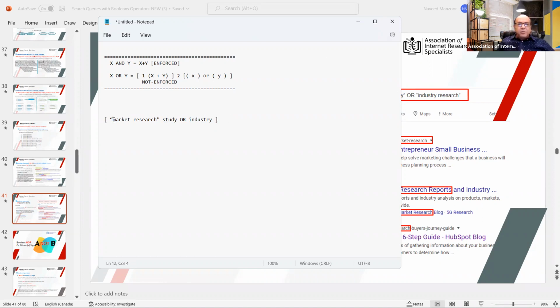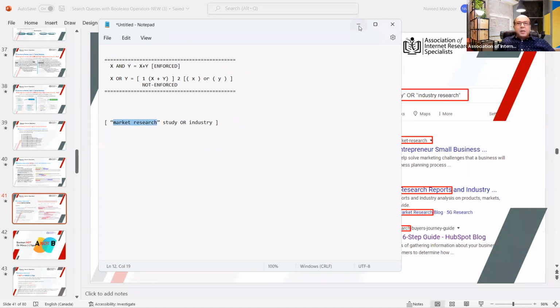So you just have to run OR as I showed you, and then find what is more prevalent in order to force that term to work alongside the others, which could be a choice. Let's suppose that instead of market research, you did market study, and it is not able to find a lot of documents that have the words market study on them.